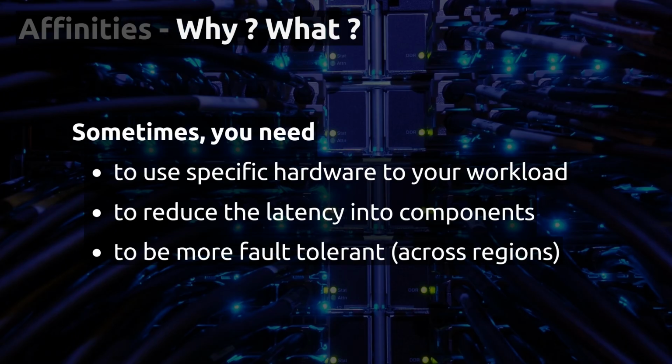To do that, you will want to set affinities, with what we name the pod affinity. So we have two kinds of things: the node affinity and the pod affinity. We will discover that in this video.